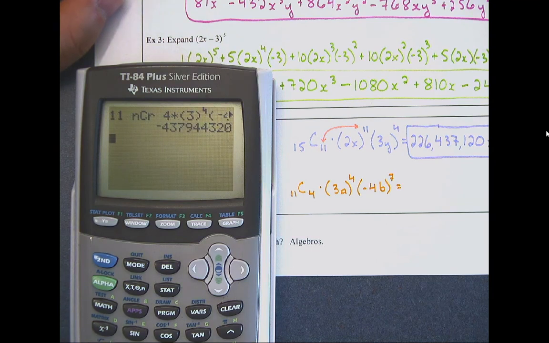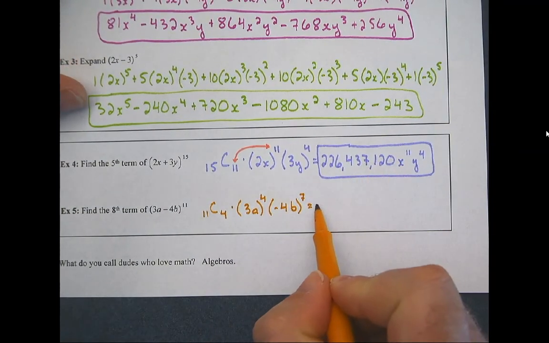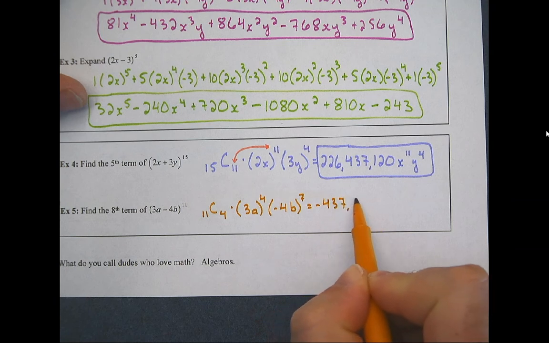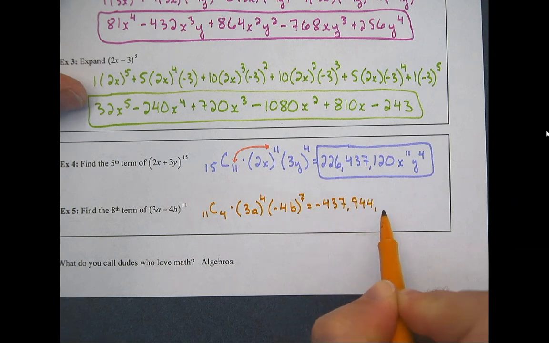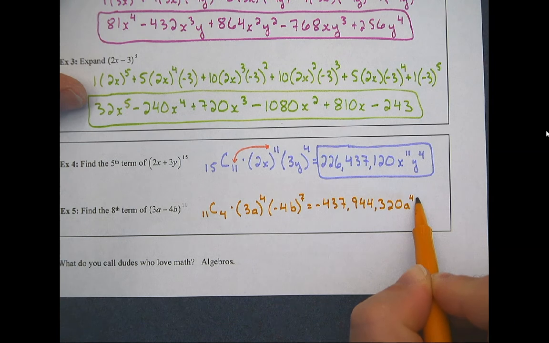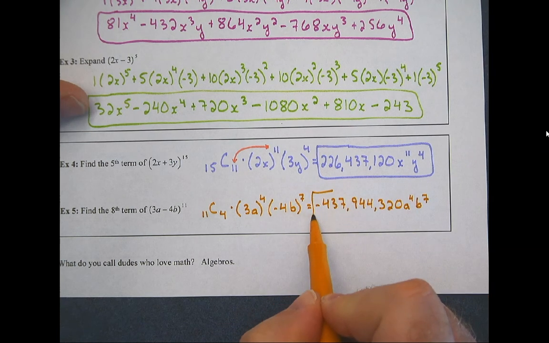Yeah, there we go. So you get a pretty big negative 437 million. So my coefficient is negative 437,944,320, and I should have 4 a's and 7 b's for a total of 11 as my degree.